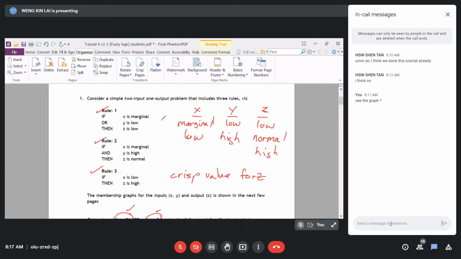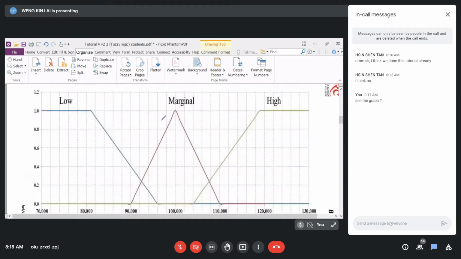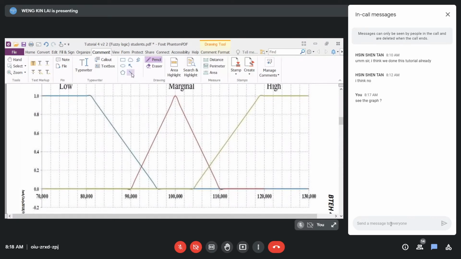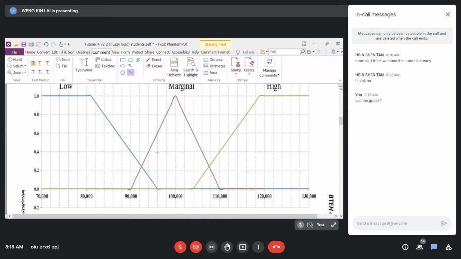So let's look at X first. This is your X, and your input is 91,000. 91,000 will be somewhere over here. These kinds of questions are better done by transferring this plot onto a proper piece of graph paper.